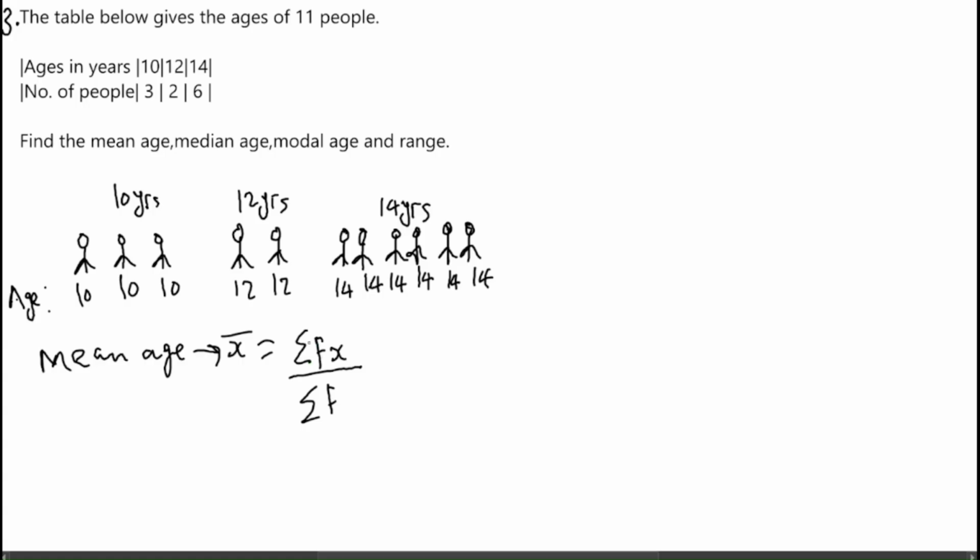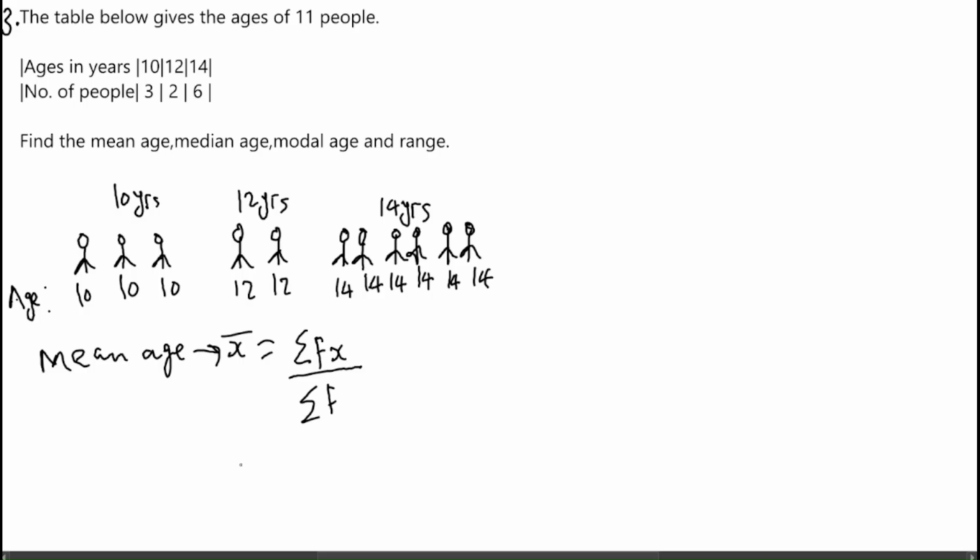It means frequency. That is, let's say in the first group whose age is 10 years, there are 3 people involved. So the frequency of the 10 years old guys is 3. The frequency of the 12 years old guys is 2. And the frequency of the 14 years old guys is 6. So frequency simply means the number of people involved in a certain group.